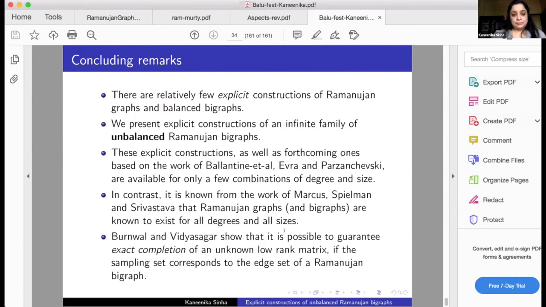And Bernmal and Vidyasagar show that there's a very nice and useful application of Ramanujan bigraphs in engineering, and they show that it is in fact possible to guarantee the exact completion of an unknown matrix, provided the sample set that you already know corresponds to the edge set of a Ramanujan bigraph.